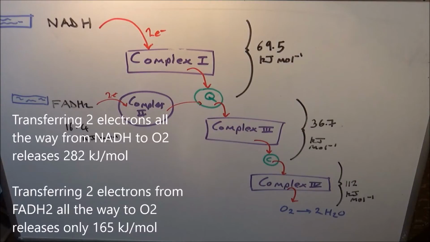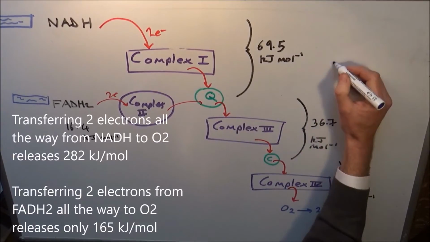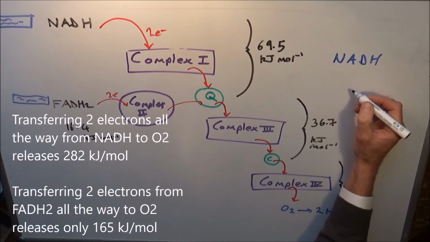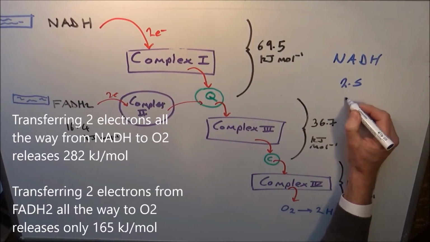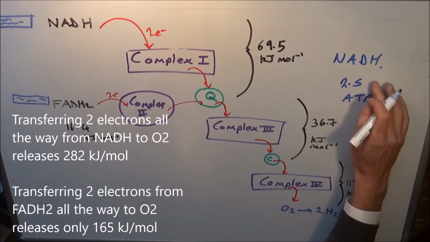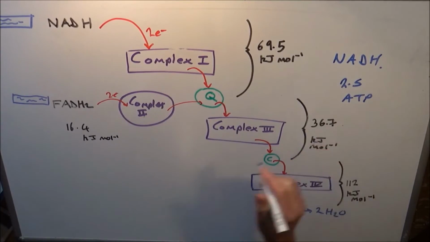So in practice, we've said that with NADH oxidation, per mole of NADH you get 2.5 moles of ATP, or just per molecule of NADH you get 2.5 molecules of ATP.